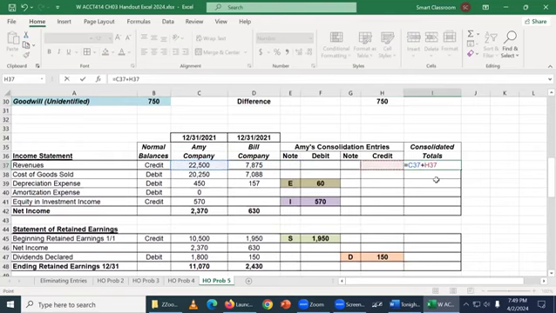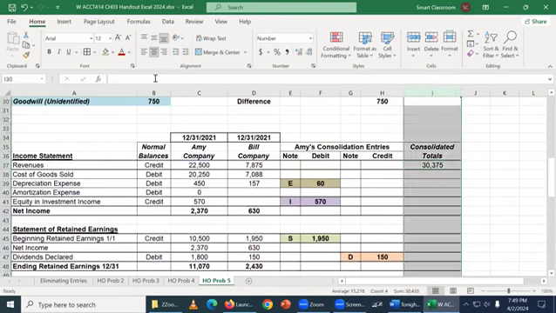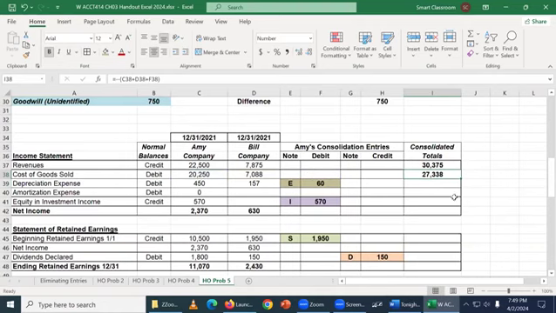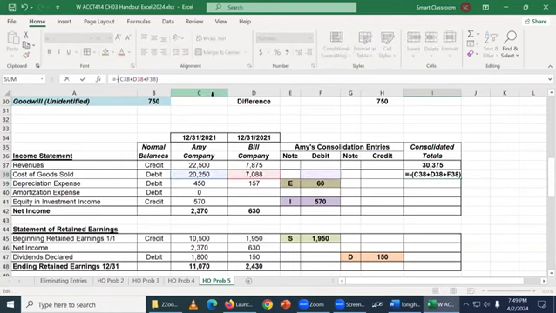Start adding them up. Oops, that didn't work out. Oh, double minus.